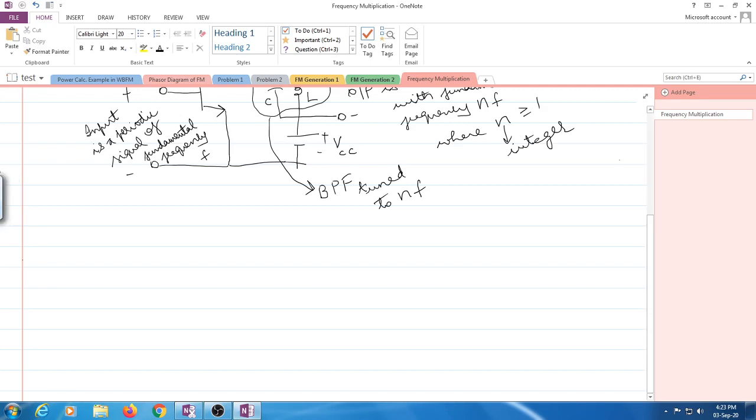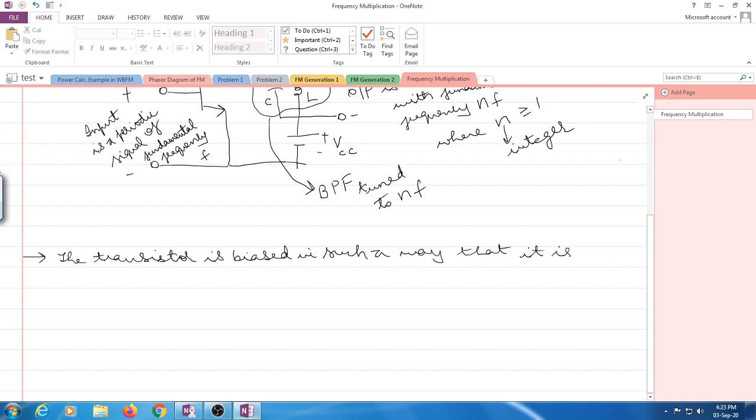Now, some very important points that need to be kept in mind is the transistor is biased in such a way that it is in non-linear mode of operation.